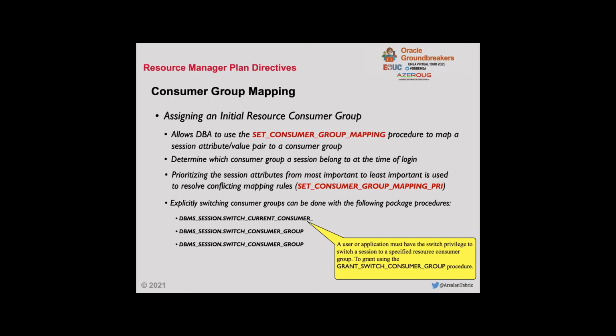So prioritizing the session attributes from most important to least important is used to resolve conflicting mapping rules. This procedure is set consumer group mapping PRI.